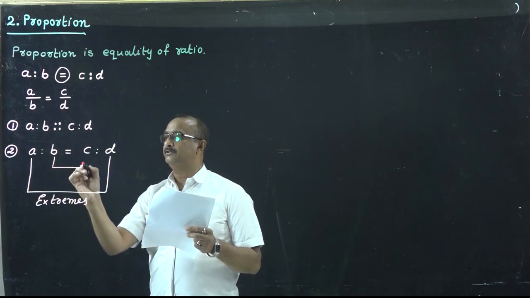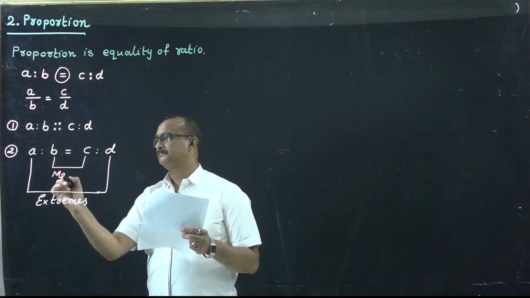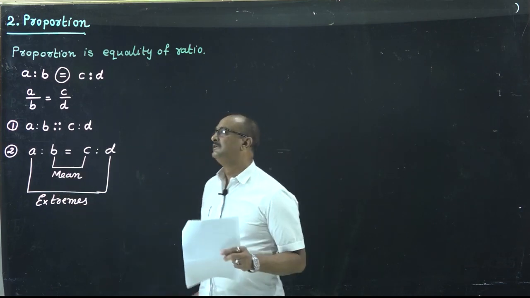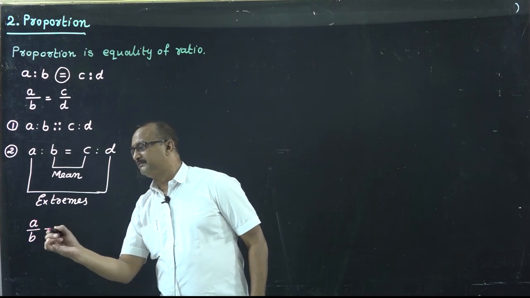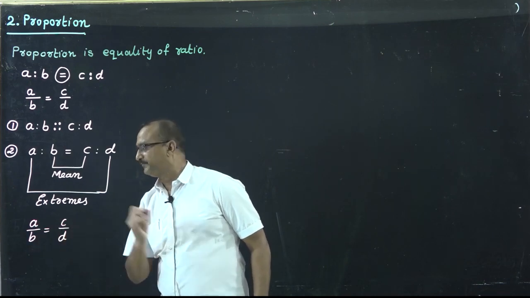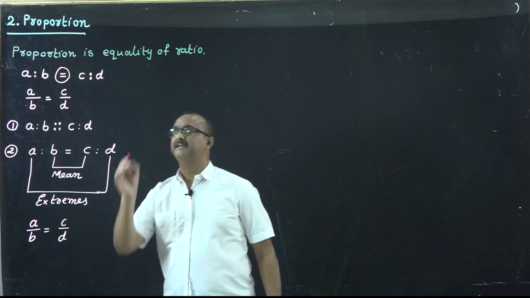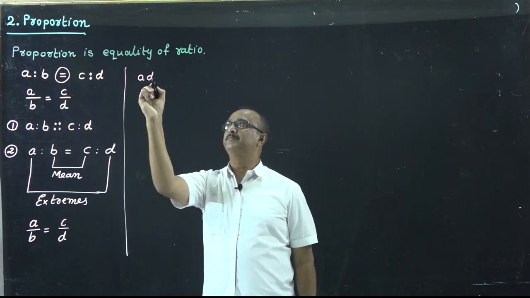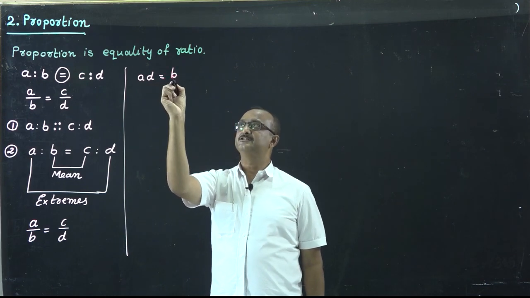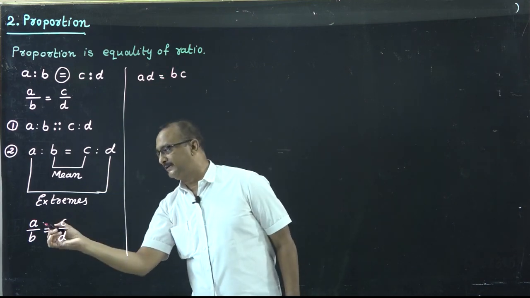And these are called mean terms. If we solve this, A upon B is equal to C upon D. By cross product we will get A multiplied by D is equal to B multiplied by C.